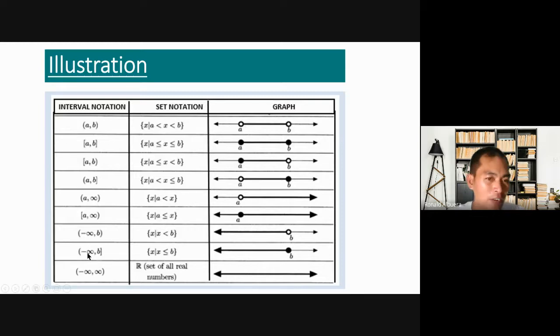From negative infinity, half close interval to B. B is included, so meaning that's shaded to the left. Or pag sinabing the set of real numbers, it means when you write that in interval notation, that's an open interval from negative infinity to positive infinity. And graph, only the number line because that represents the set of real numbers.